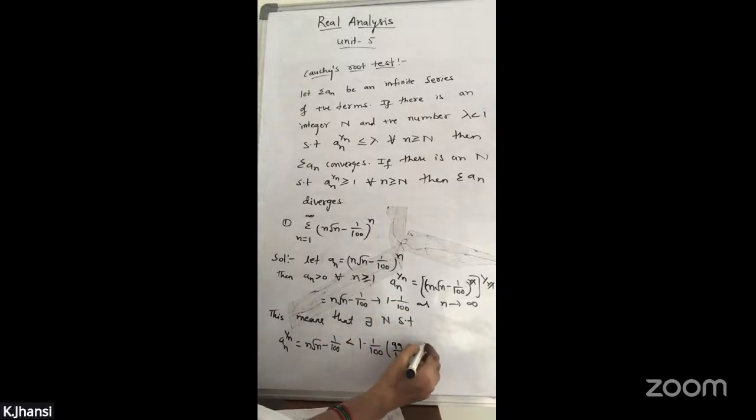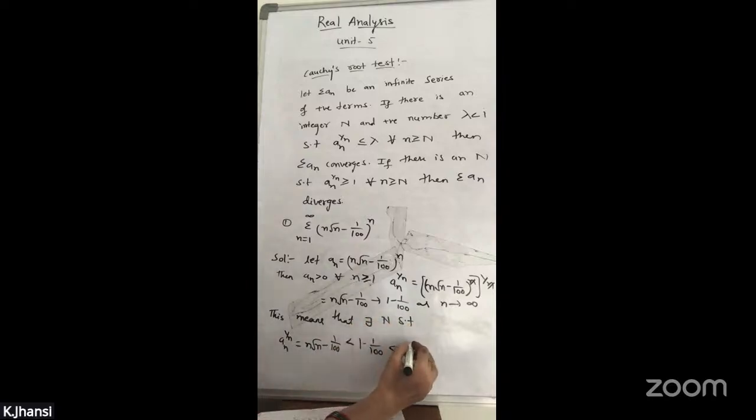This value is 99 by 100, 100 minus 1 being 99, and this value is less than 1.